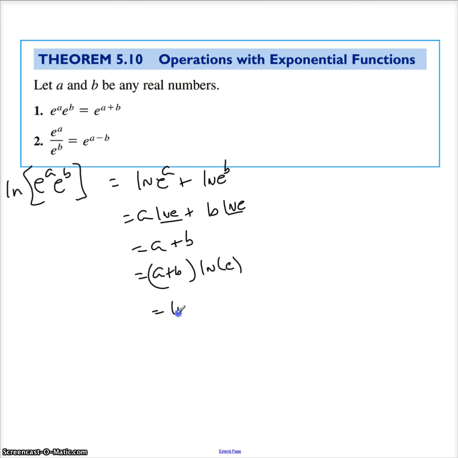So this is the natural log of e to the a plus b. Because natural logs are 1 to 1, this shows me that e to the a times e to the b has to equal e to the a plus b. Kind of cool. Now you can do this one as well, just put in the negative sign and everything falls through.